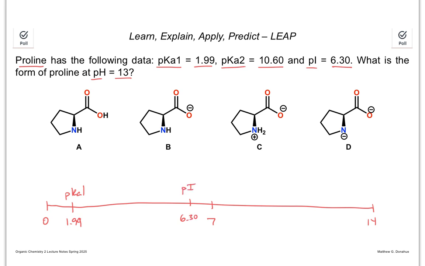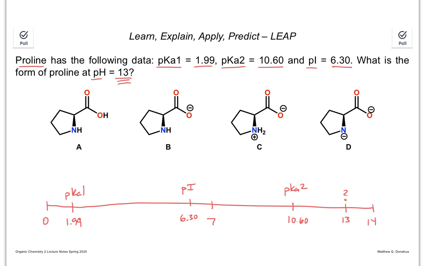That's the Zwitter ion concentration. 10.60, that was pKa2. And it says we're operating at pH 13. So what is the form of proline at pH 13?